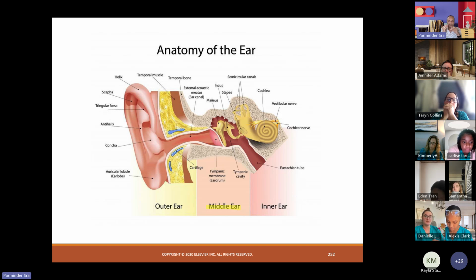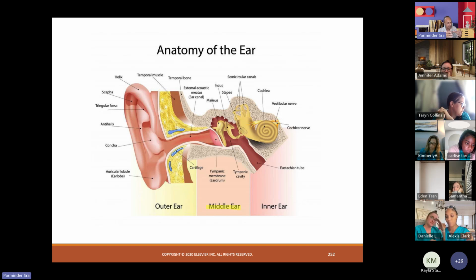And then the ear canal, your external auditory canal, a tube-like structure, which leads the sound waves from the pinna to the eardrum. And then the tympanic membrane, in simple terms called eardrum, a thin membrane which vibrates when the sound wave reaches it, separating the outer ear from the middle ear.